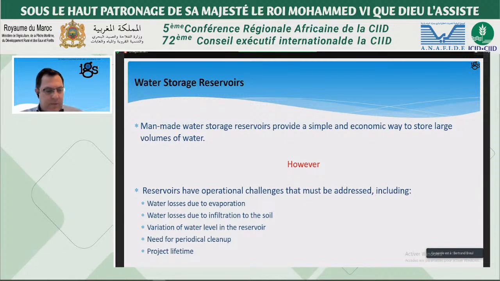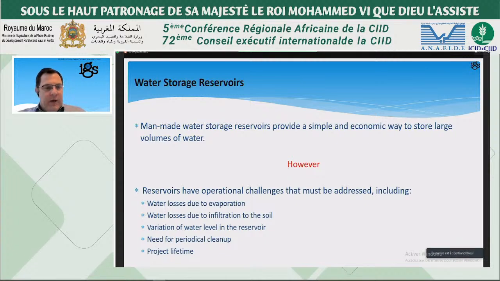So first is the water losses. They are mainly due to evaporation. There are methods to reduce these water losses using suspended covers, floating covers, floating balls, and other means. But they are outside of our area of expertise, and we will not discuss this here.